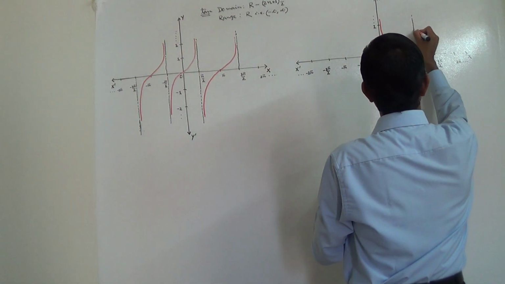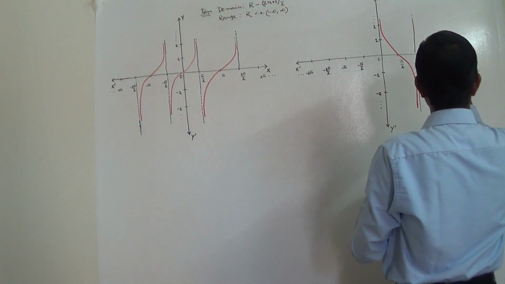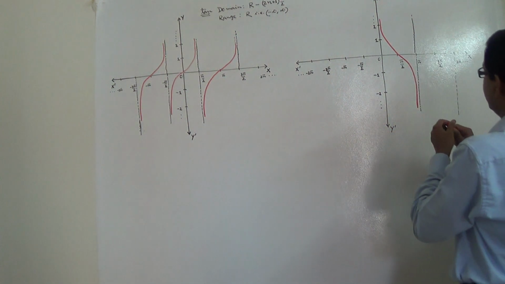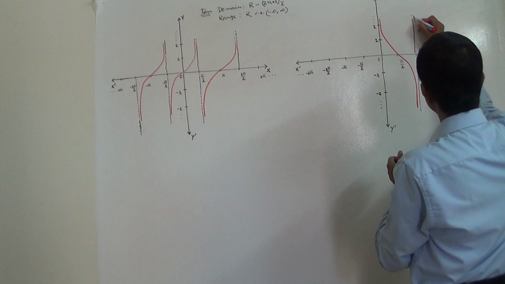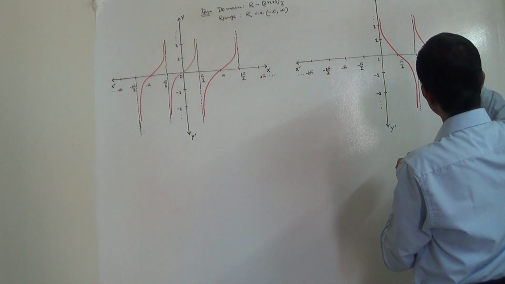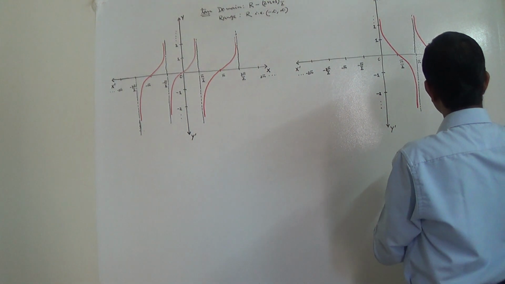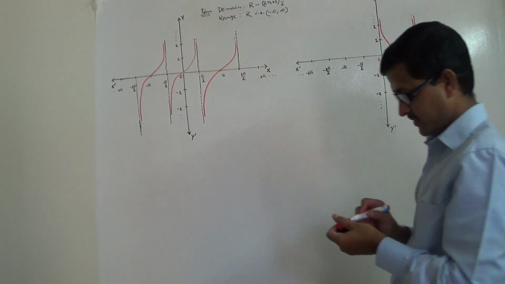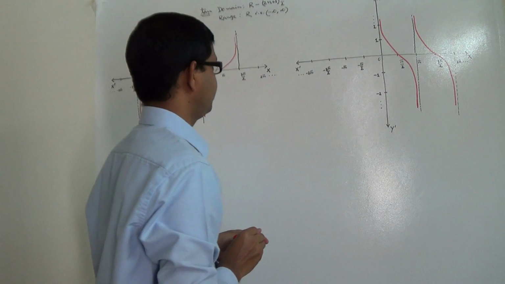Let's extend that line x equal to pi, and here it will be 2 pi. The curve will look like this. Correct. Here also we see decreasing.